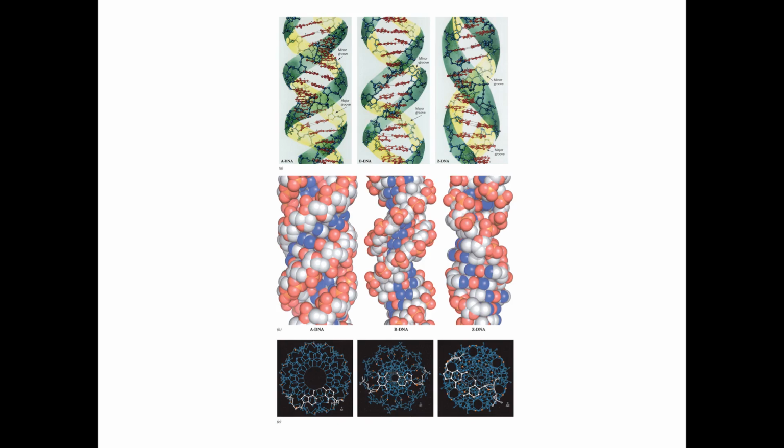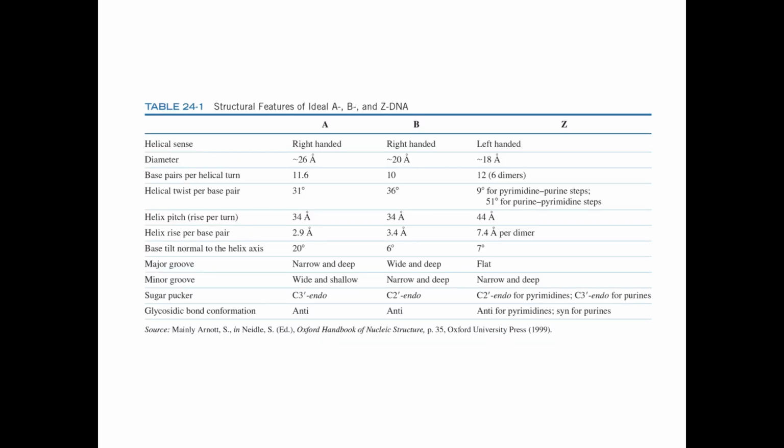Of course, all DNA consists of adenine, thymine, cytosine, and guanine, but the double-strand structure is quite different. This is the information about A-form, B-form, and Z-form DNA: B-form is right-handed, and Z-form is left-handed.